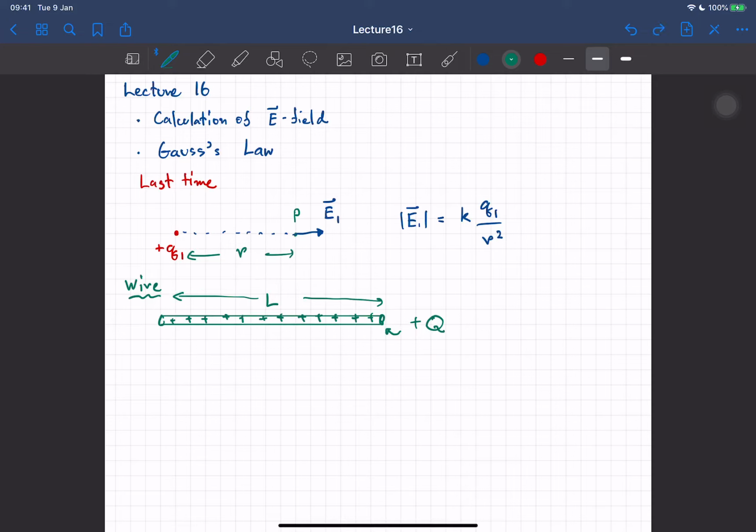Okay, so because plus Q is distributed, we can assume that it's distributed evenly on this rod. Then it's probably easier if we introduce what we call the charge density.